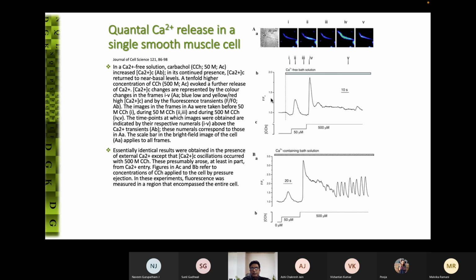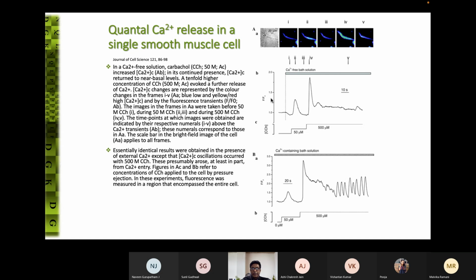The contention that people try to explain through this particular paper is: is it an all or none release, or is there a graded response, and if it is a graded response, what kind of response is it?